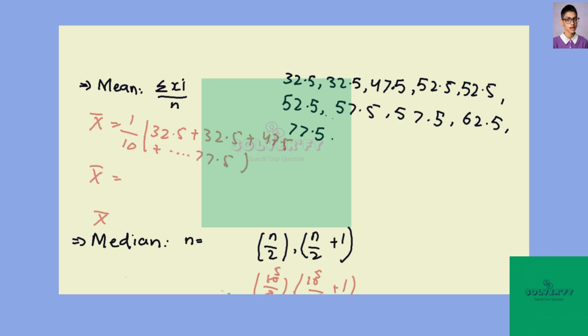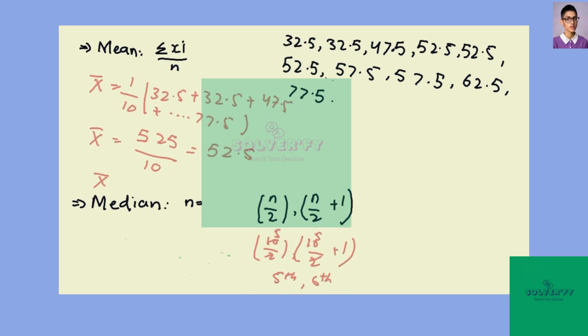By adding these numbers, we get 525 by 10. When we divide it, we get 52.5. So 52.5 means the mean is $52,500.